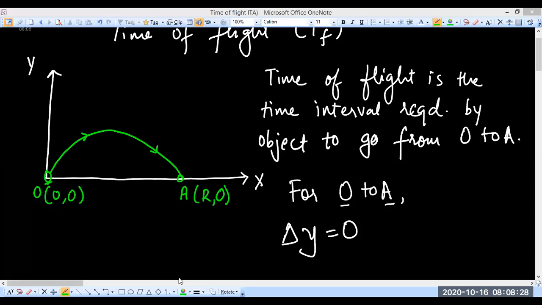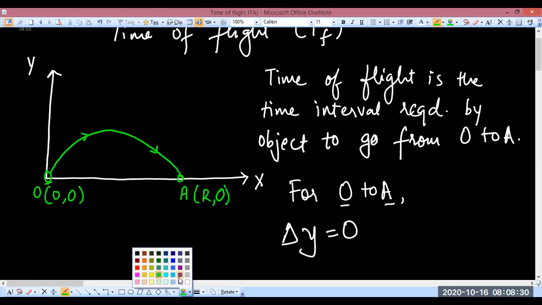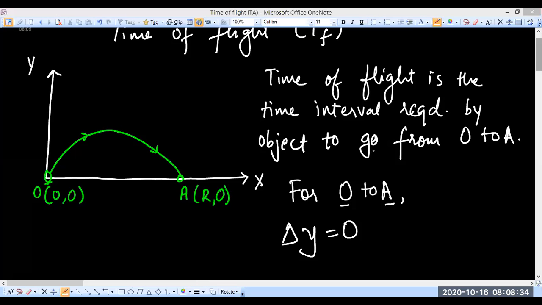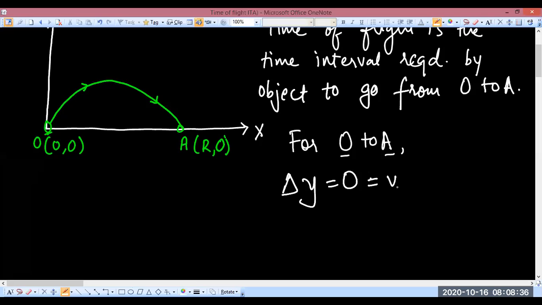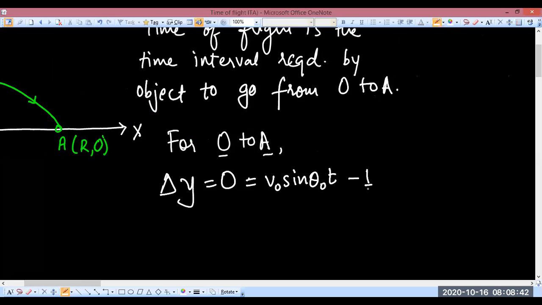Now if delta y is 0, yesterday we derived a basic relation of delta y for projectile motion, and that is equal to v0 sin theta 0 t minus half g t squared, right? Okay, I think that is absolutely clear, right?